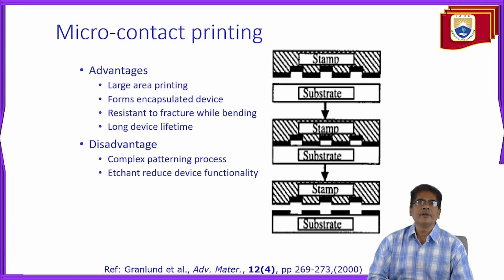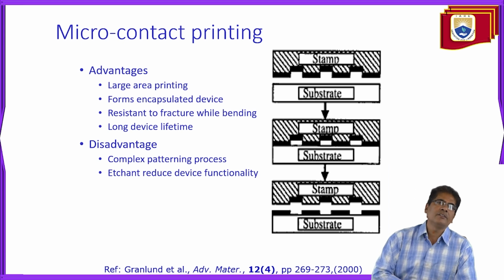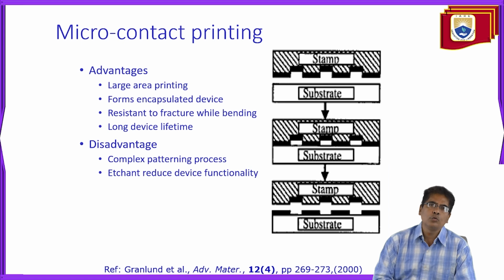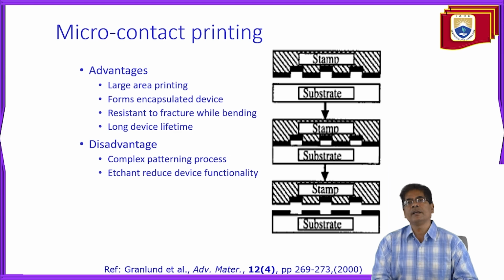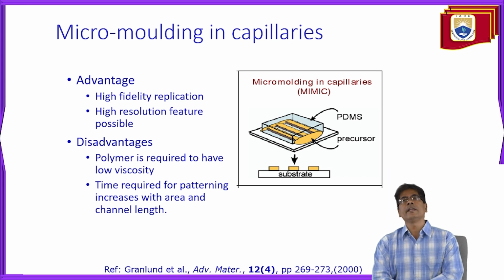So micro contact printing. The advantages are large area printing, forms encapsulated device, resistant to fracture while bending, long device lifetime. Disadvantage is complex patterning process, etchant reduces device functionality, right? So micro molding in capillaries.